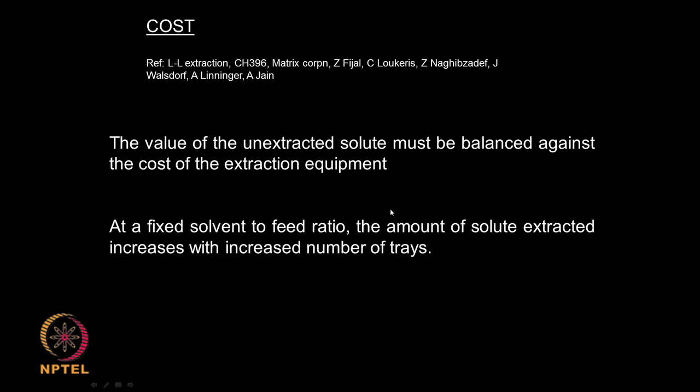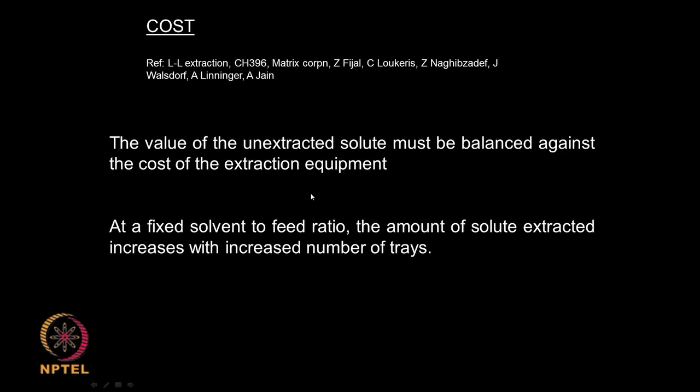Okay, now cost plays a very important role ultimately, because I keep on talking about cost. At a fixed solvent to feed ratio, the amount of solute extracted increases with the increase in number of trays. If I have more trays or more stages, then obviously cost will go up. So, I need to balance how much I want to extract versus the cost of equipment.